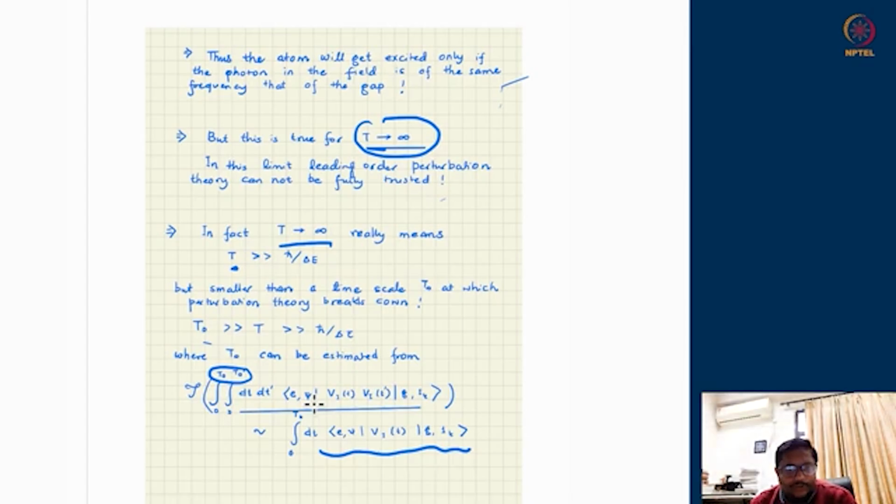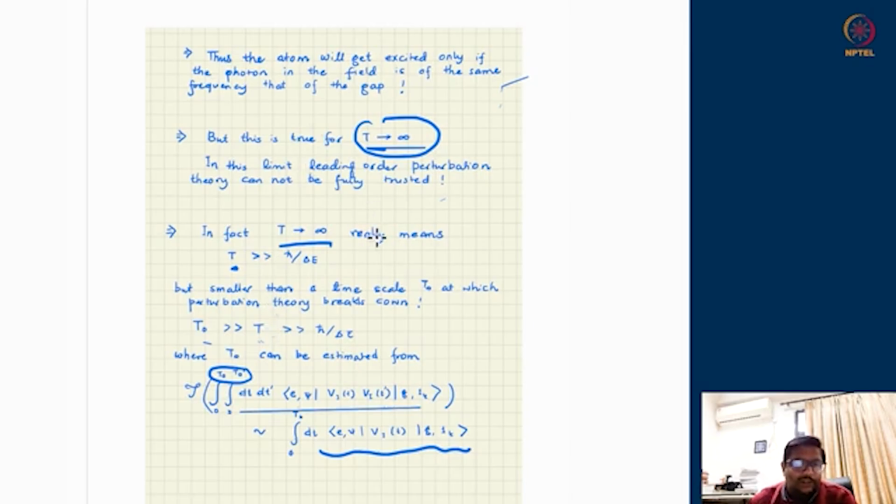So if I take my evaluation time of transition probability, capital T, much larger than the internal time scale of the atom, which is h bar upon delta E, but much shorter than the time scale at which perturbation theory breaks down, then whatever we have computed is good enough.